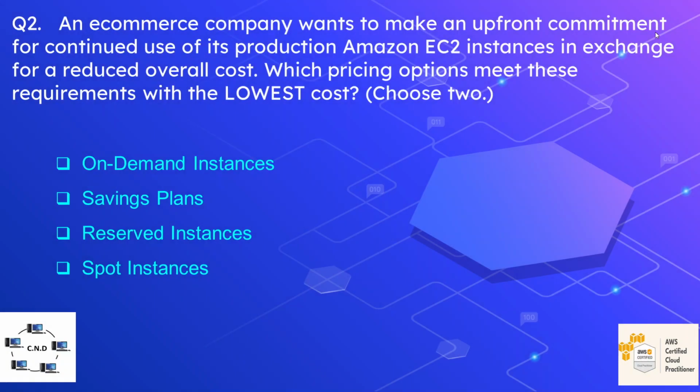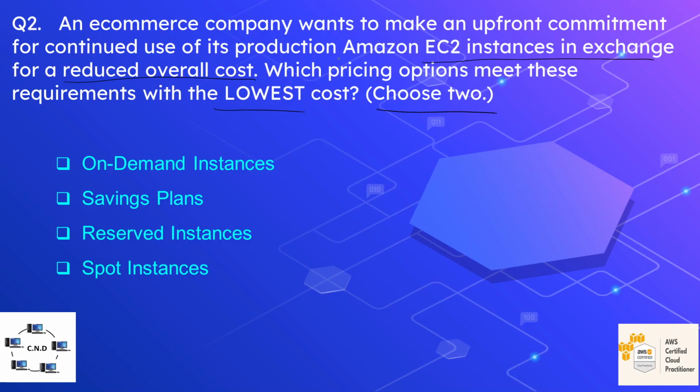So let's get to question number two. An e-commerce company wants to make an upfront commitment for continued use of its production Amazon EC2 instances in exchange for a reduced overall cost. Which pricing options meet these requirements with the lowest cost? And we have to choose two options.